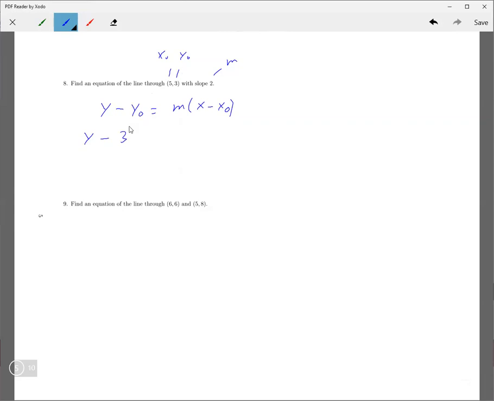So plug a 3 there, a 2 in for m, and a 5 in for x0. In this case, it will accept this answer. You could also put it into slope-intercept form. I'm sure it would accept that as well.